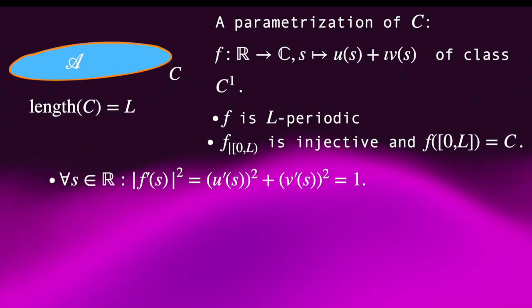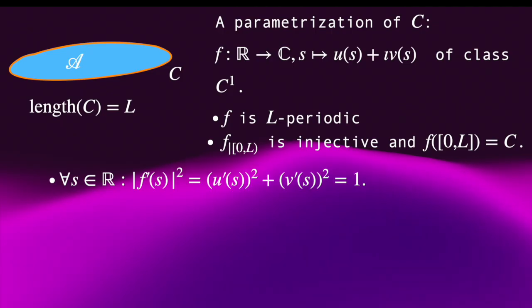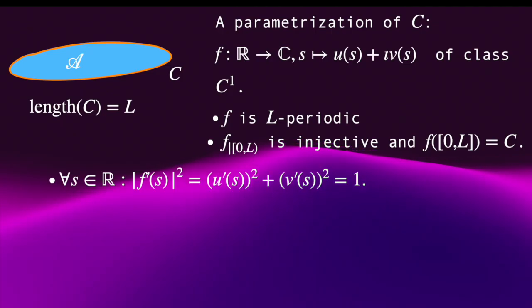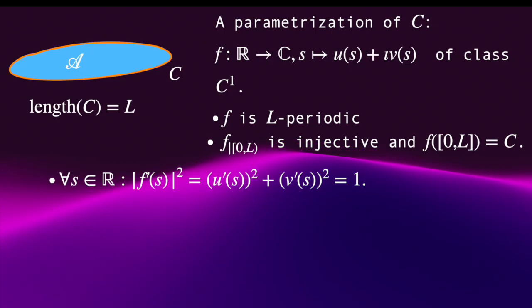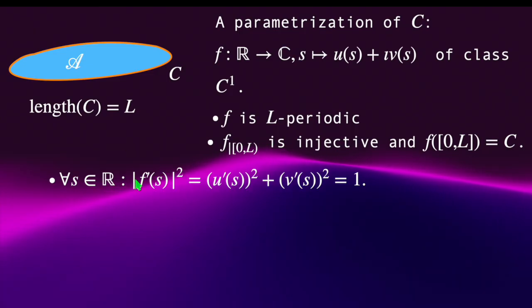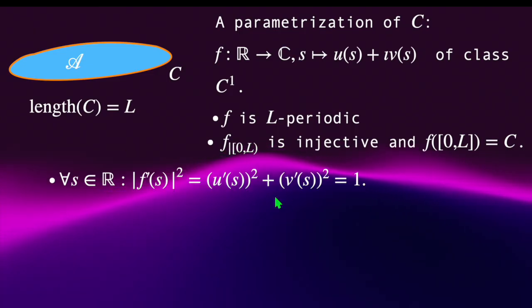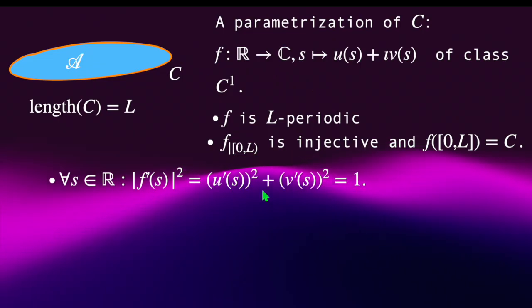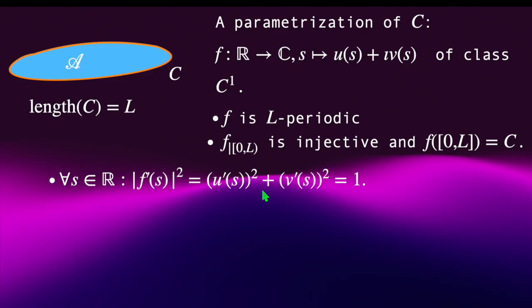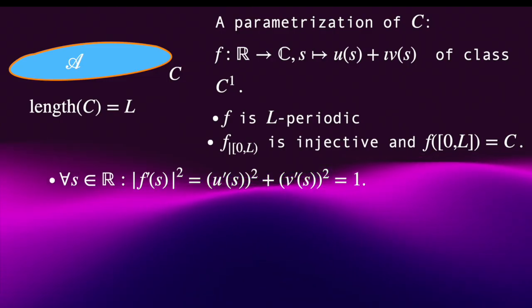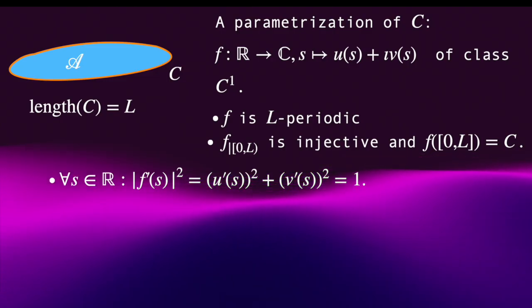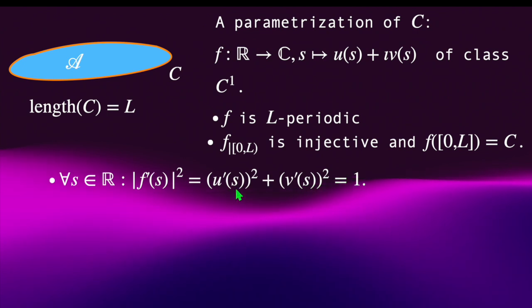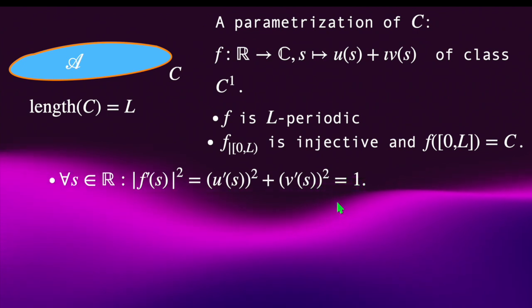And we can suppose also that we cross our curve with constant speed, namely we suppose that we have this situation. Such a thing always exists, and from any parameterization of the curve, we can build one which satisfies this relation.